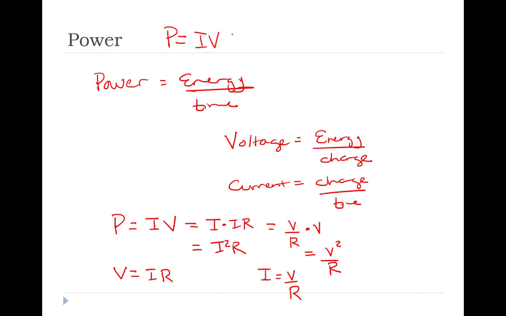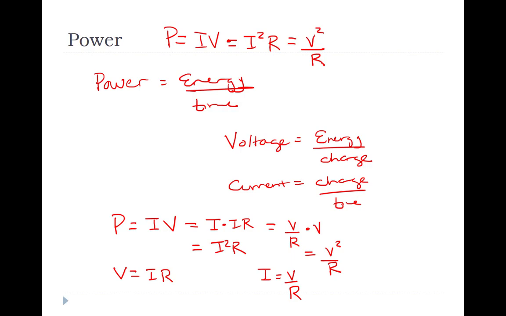Power is current times voltage. It equals current squared times resistance, or it equals voltage squared divided by resistance. And now you look at that and you go, but which do I use? Which formula is correct? If you do things properly, they will all give you the same answer.